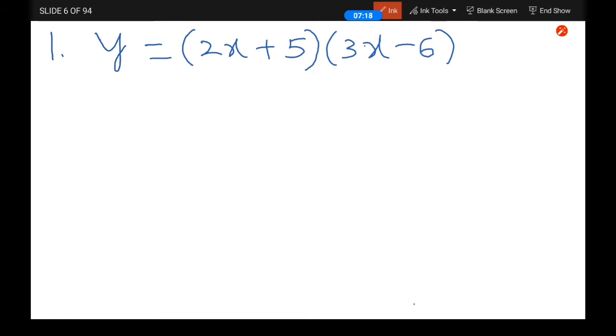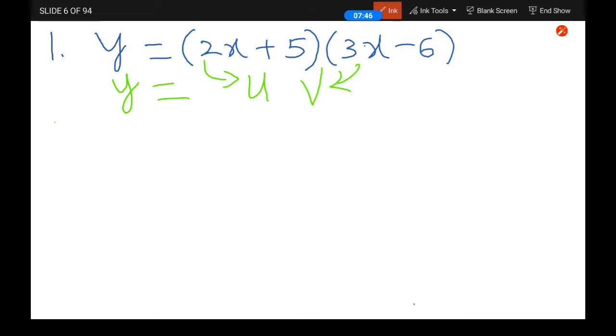So let's continue. The first thing you do is to note which checklist you are going to use here. I have a function and I have a function. Because they are multiplying each other, we are going to use the product rule. The product rule says if I have something like this, same as saying y equals uv, you call this u and you call this v.